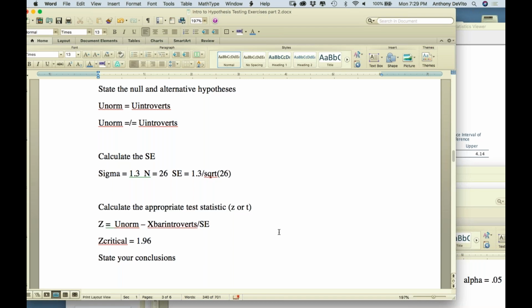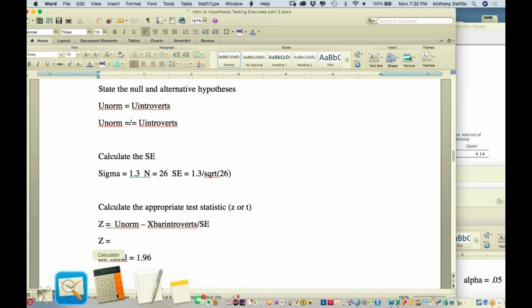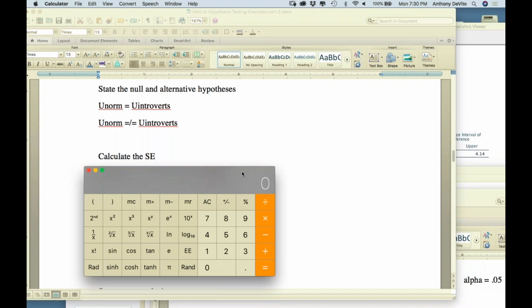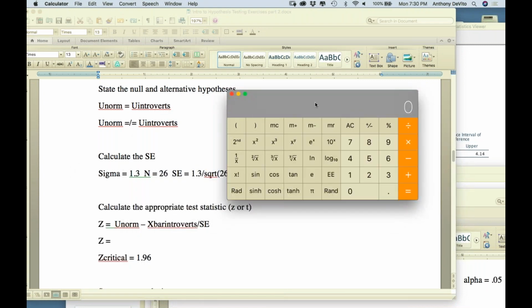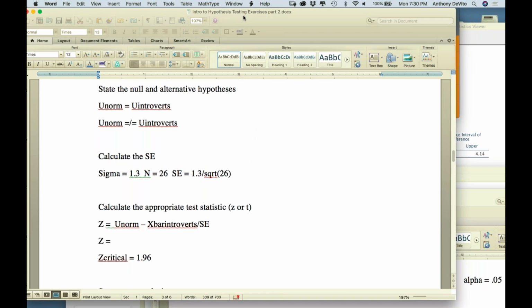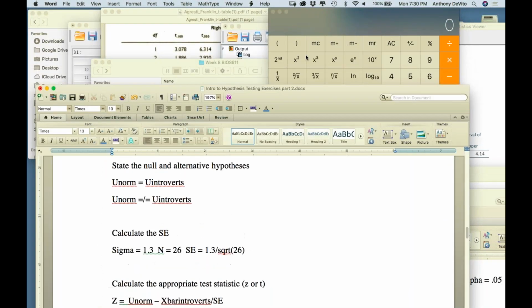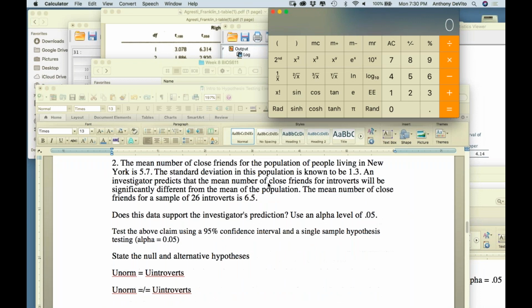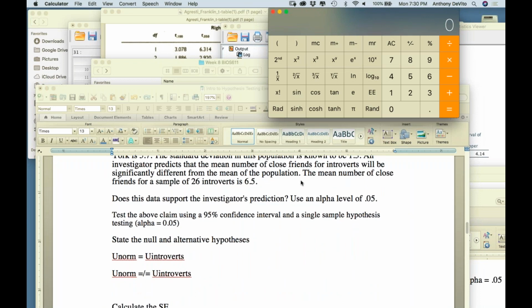because we know the standard deviation of the population. So go ahead and do this calculation. Tell me what you get. What is our Z-score? 6.5.